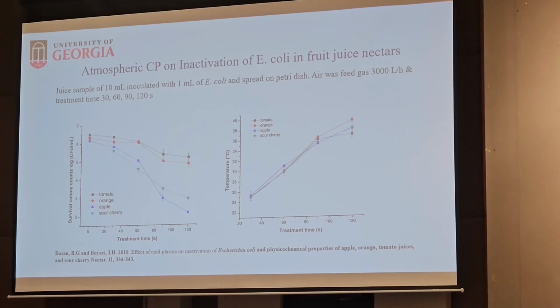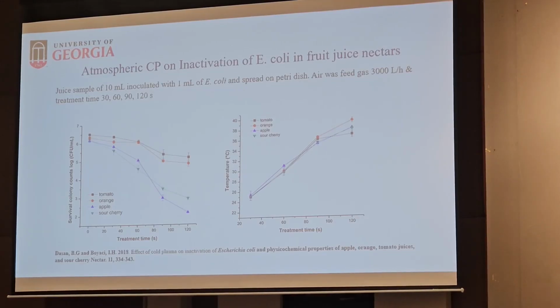The same way, here they use samples to spread E. coli on a petri dish and then use the gases to treat. And you can see as the treatment time, in this case, increased, their temperature increased though.